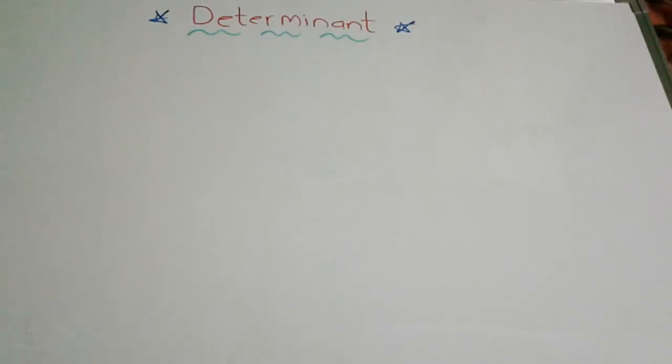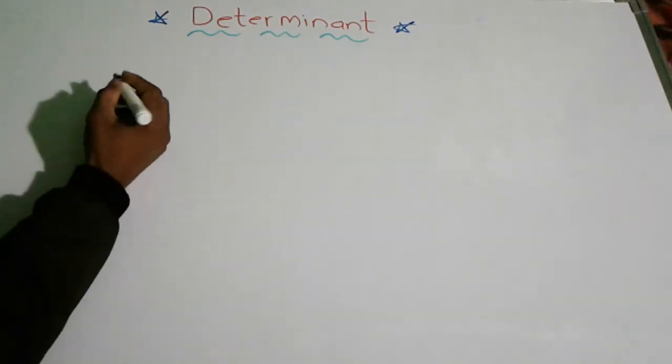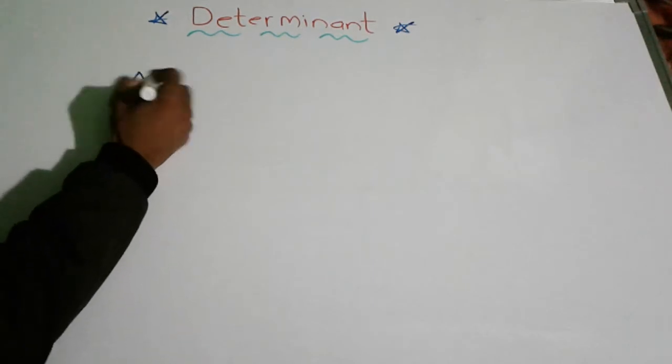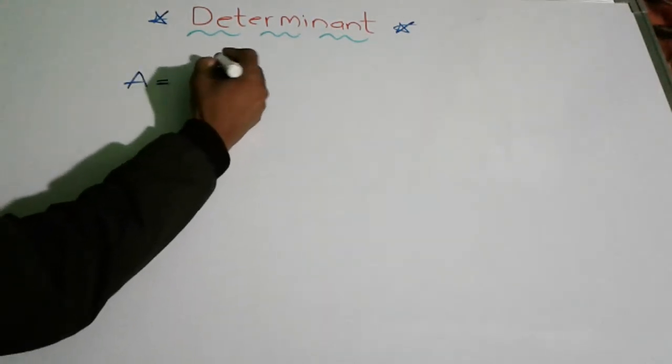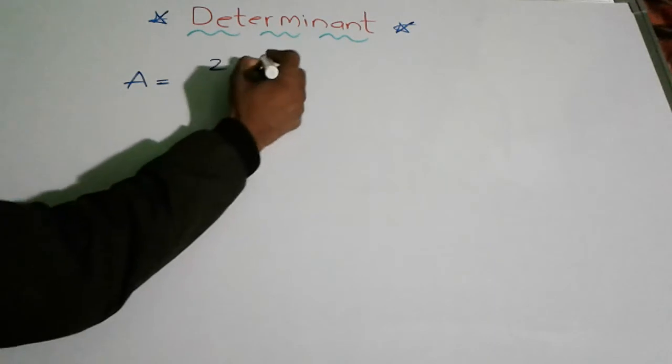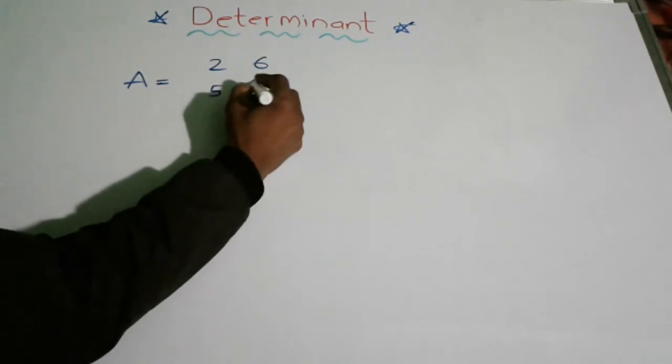Okay guys, first of all we see how to find the determinant of a 2 by 2 matrix. I'm taking an example of a 2 by 2 matrix. Let's say A equals, elements are 2, 6, 5 and 7.